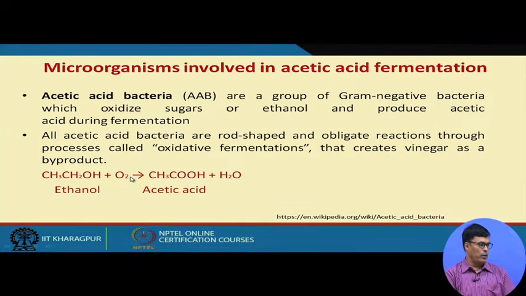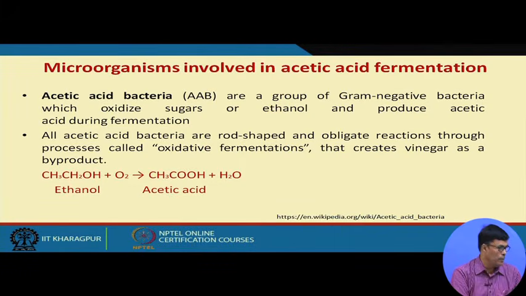Here I want to point out that in the alcohol fermentation process, acetaldehyde to alcohol is the reduction process. But here, alcohol to acetic acid is the oxidation process. So the organism is aerobic in nature, because it requires dissolved oxygen for its growth and metabolism. Also, for the conversion of ethanol to acetic acid, we require oxygen. So it has a dual purpose.